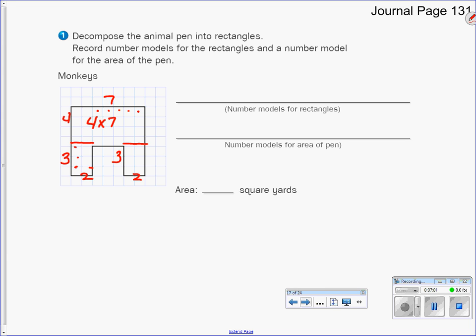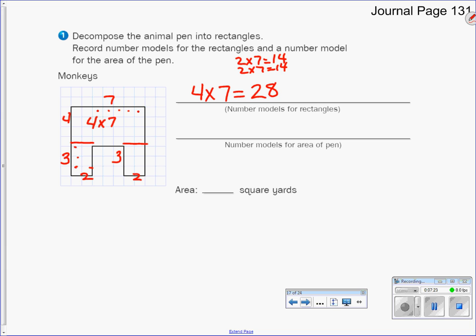So here I'm going to have 3 different number models. I'm going to have 4 times 7, which equals, well, let's break it apart. 2 times 7 equals 14. So another 2 times 7 equals 14. So this would equal 28.